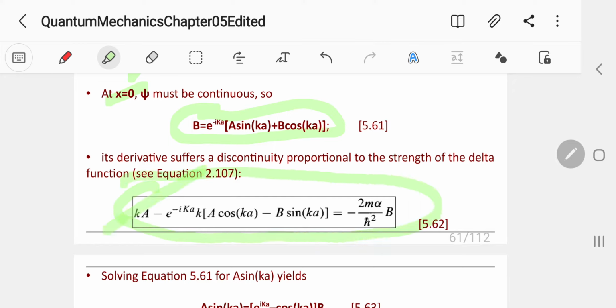This is the derivative of the wave function of the electron on one cell, and this one is on the other cell, and the difference would have to be equal to 2m alpha over h bar squared times b, where alpha here is the strength of the Dirac delta.